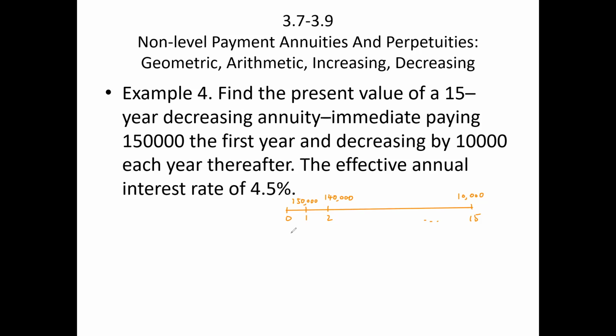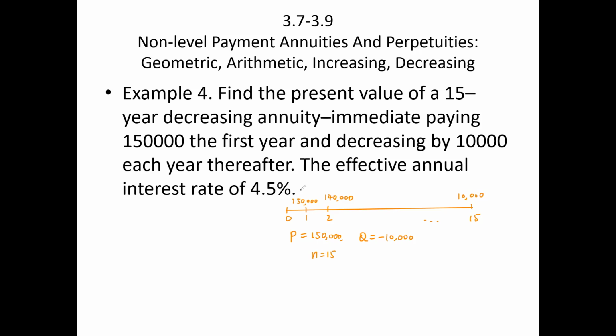So here P equals 150,000, and Q is negative 10,000, and n equals 15.